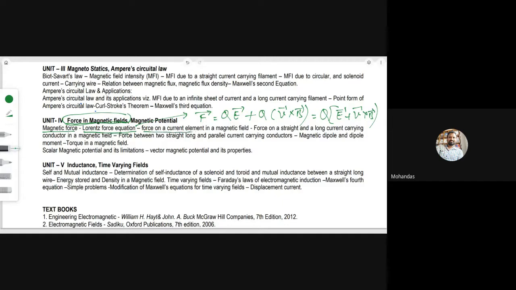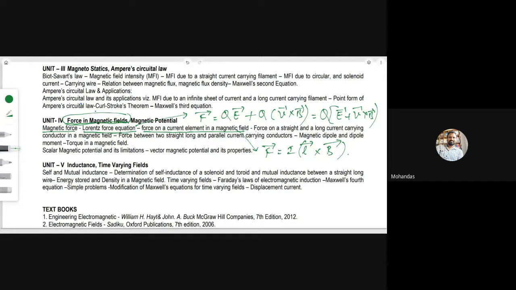Force on a current element in a magnetic field. What is that force? F equal to I into L cross B. This is the second force.